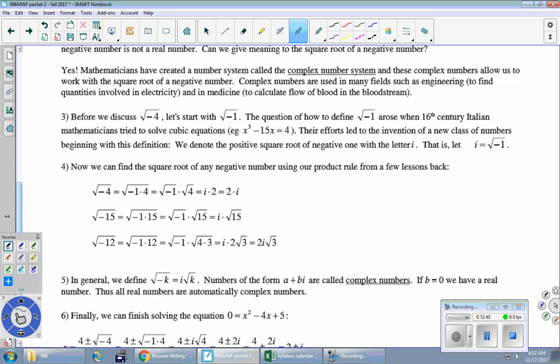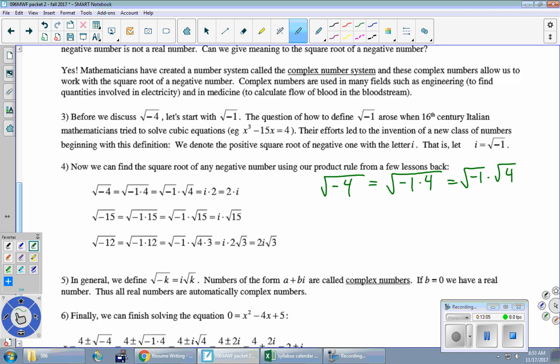So here's how we handle it. Let's suppose that we have the square root of negative 4, which is the one that we're playing with. Okay, we are going to write this as negative 1 times 4, right? And then we're going to use our fancy product rule for radicals. So do you buy that I can take that one radical and split it up into two radicals like that?